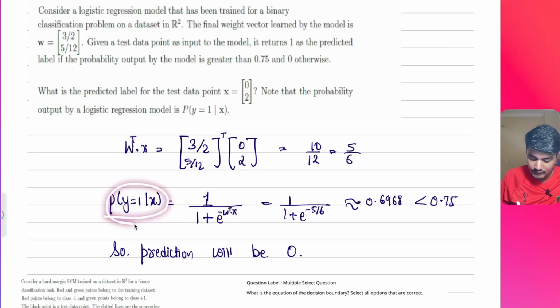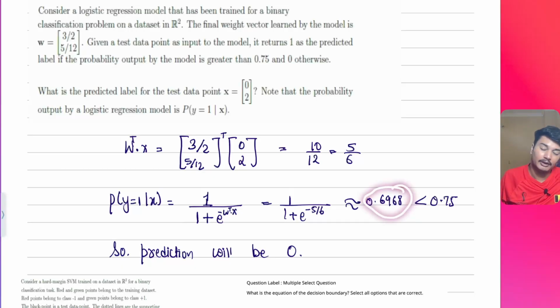Now P of y equals 1 is this, and when we put it in, it gives approximately 0.6968, which is less than 0.75. That's why our prediction will be 0. If the probability is greater than 0.75, then it is predicted as 1. If less, then it is predicted as 0.